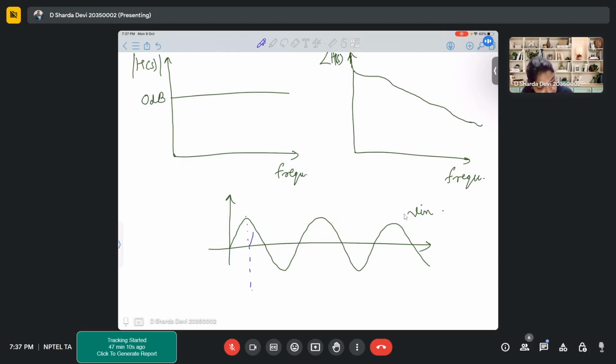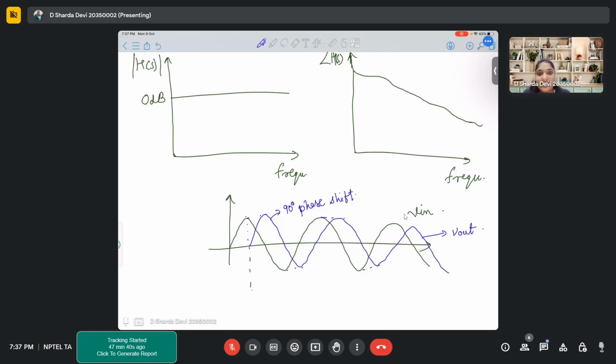So your sine wave will start from here. There is a 90-degree phase shift between your input and output, but no change in the amplitudes. Your gain is 1.